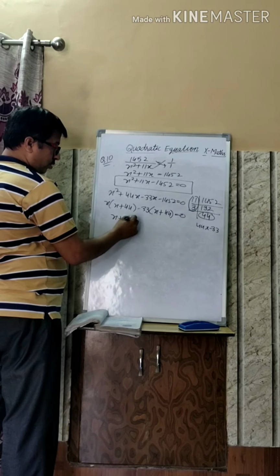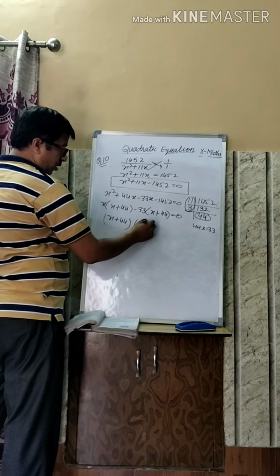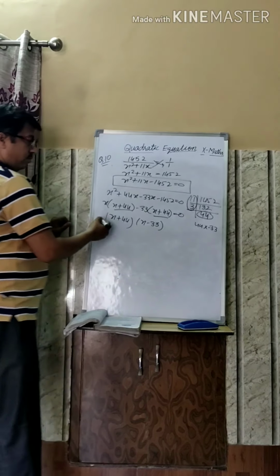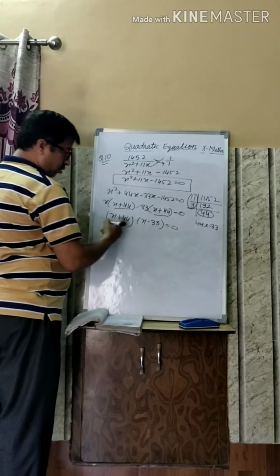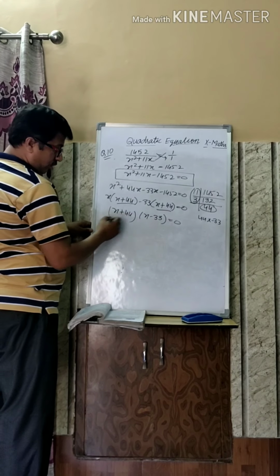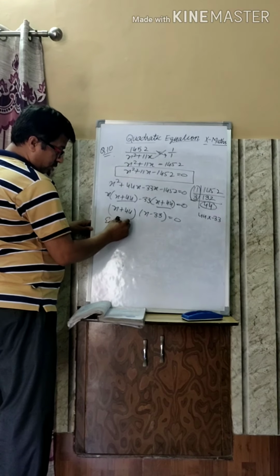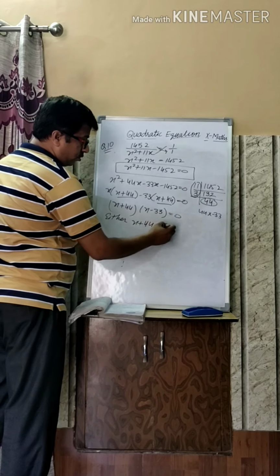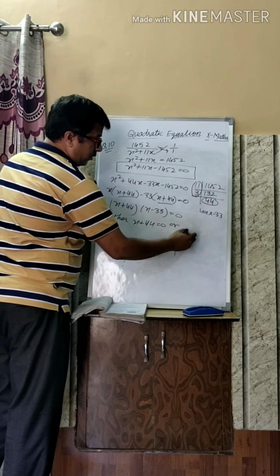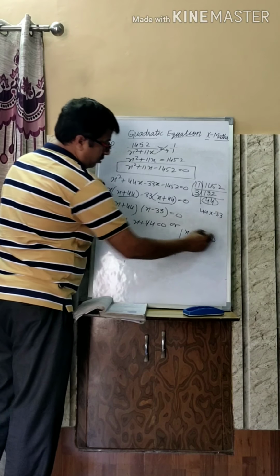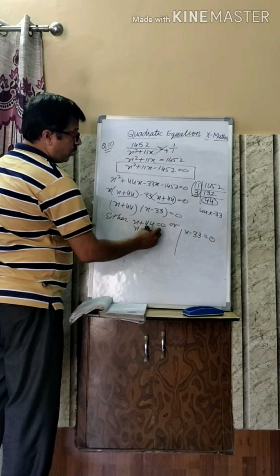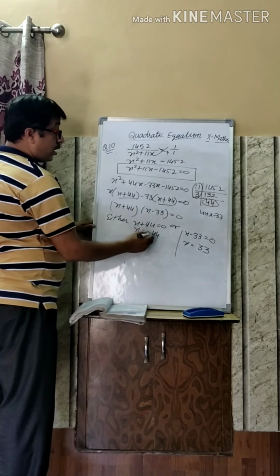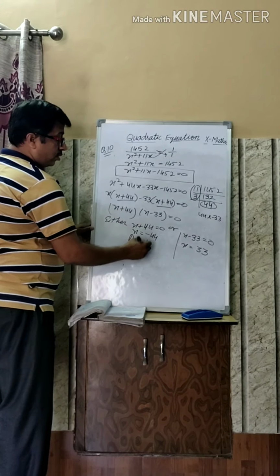So x plus 44 into x minus 33. This is the complete factorization. So the product of two factors is 0. So either x plus 44 is equal to 0 or x minus 33 is equal to 0. So x is equal to minus 44, x is equal to 33.